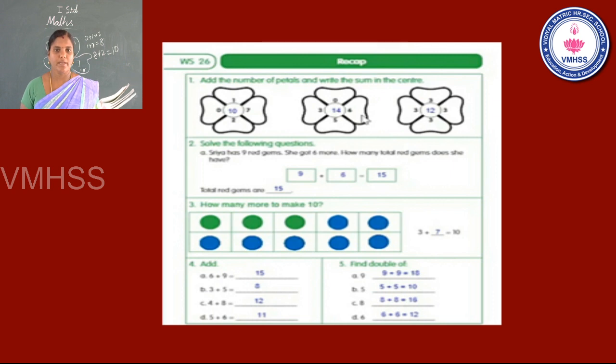Next, how many empty boxes? 1, 2, 3, 4, 5, 6, and 7. So draw blue circles: 1, 2, 3, 4, 5, 6 and 7. 3 plus 7 is equal to, what is the answer? 10. It's clear?